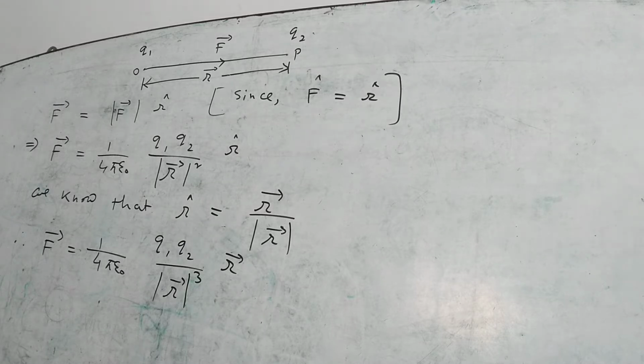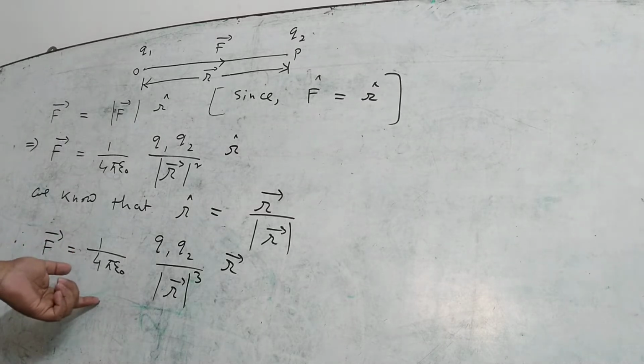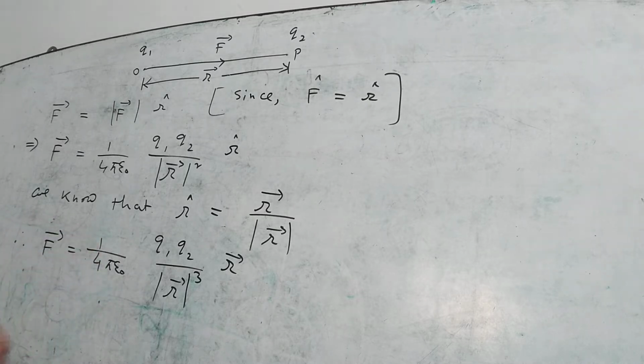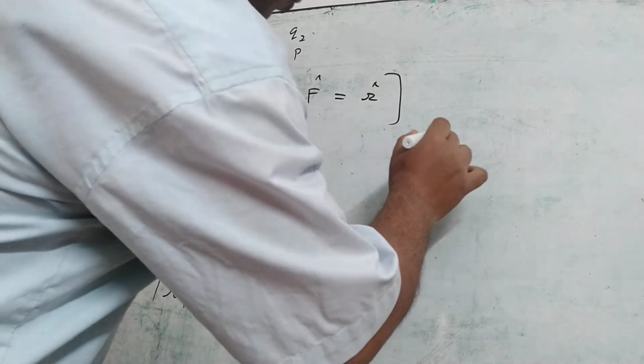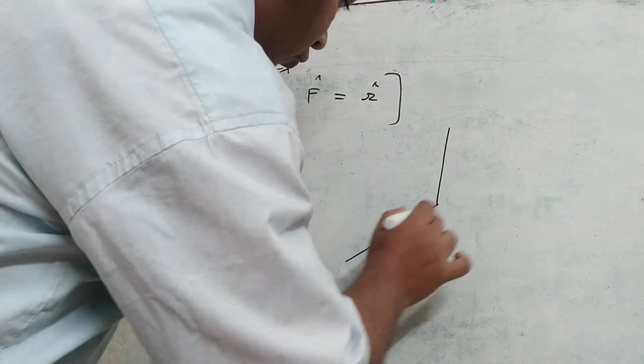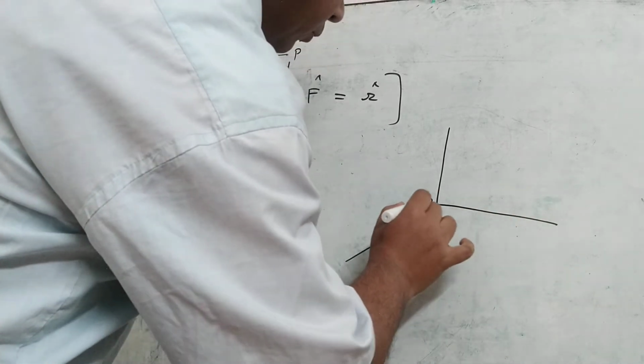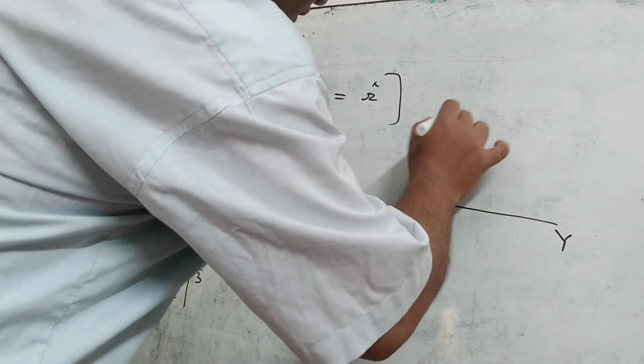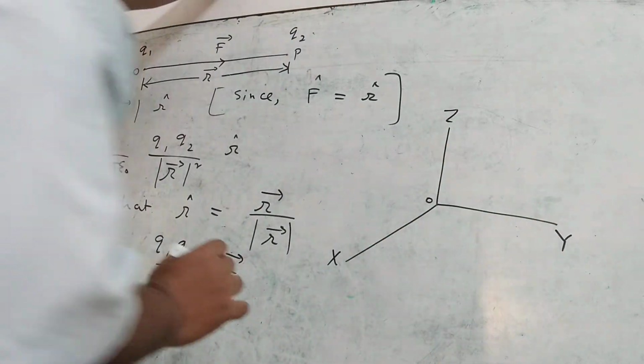Again, we can write it with respect to the Cartesian coordinate system. We can draw three mutually perpendicular axes OX, OY, and OZ.